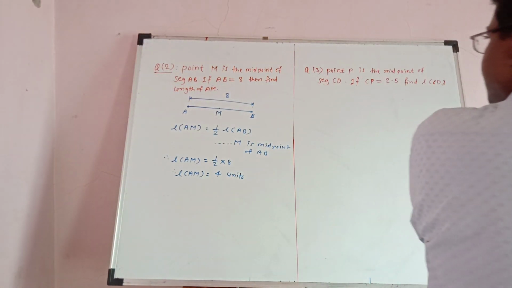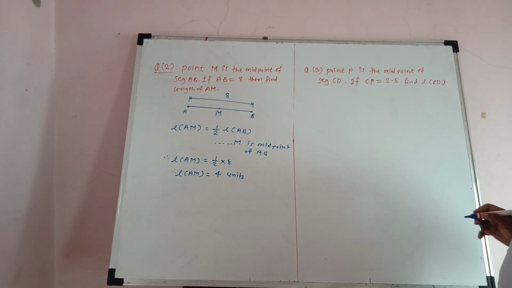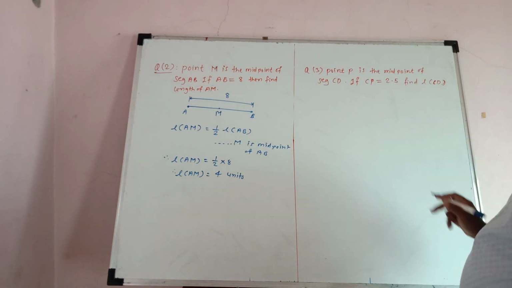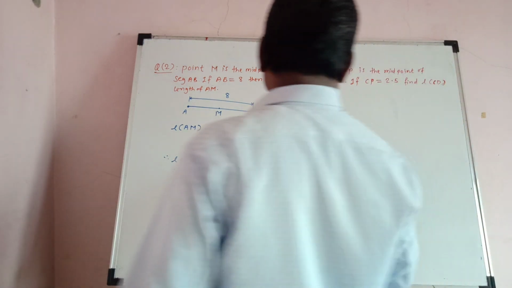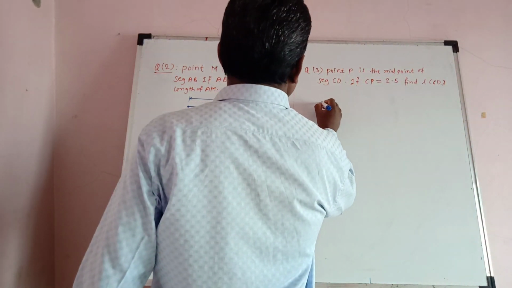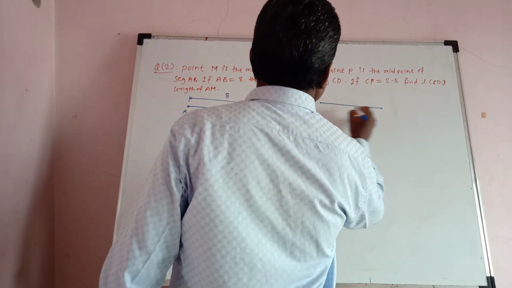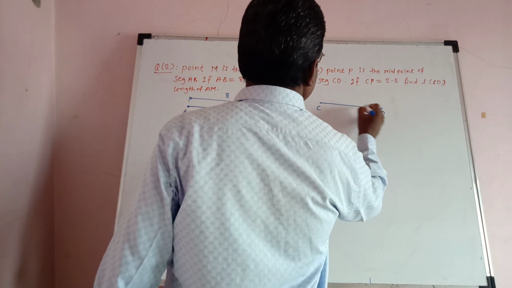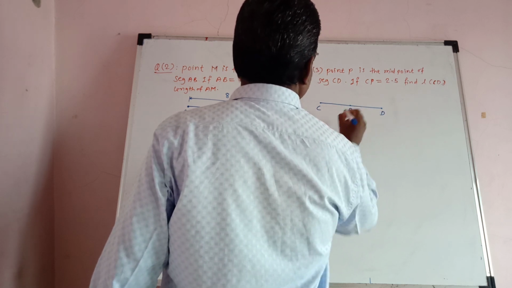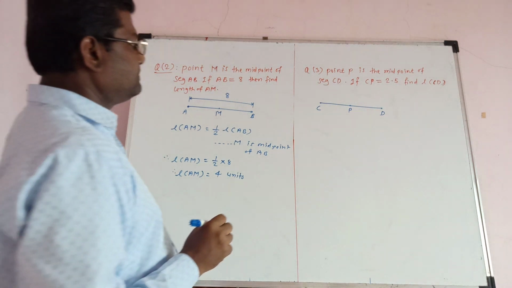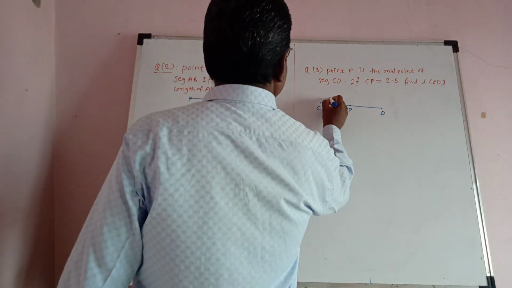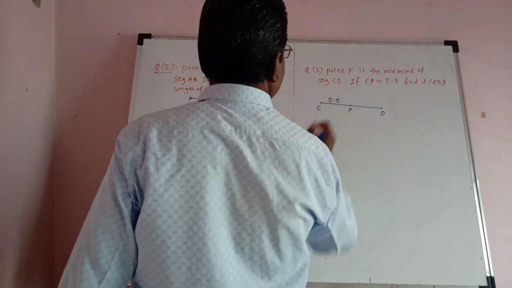Now example number 3. Point P is a midpoint of segment CD. Draw figure. This is segment CD and point P is a midpoint of segment CD. CP is equal to 2.5.